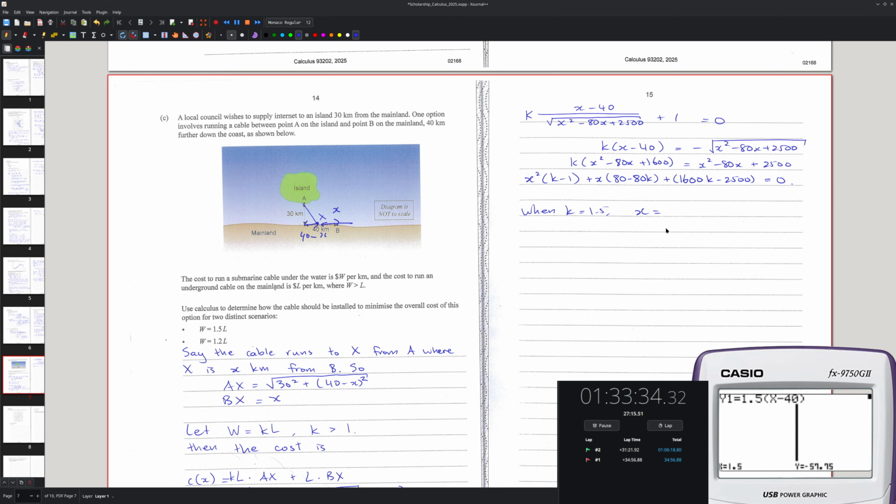Wait. Okay, yeah, so it makes sense. So why is it that when I square both sides, it doesn't make sense anymore? This is very strange, man.